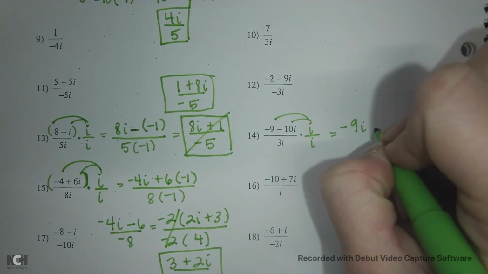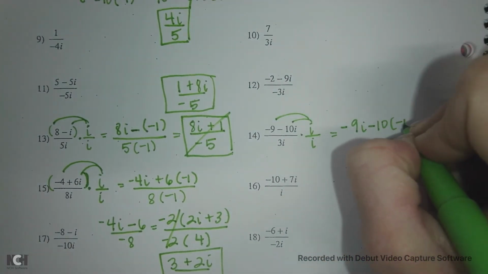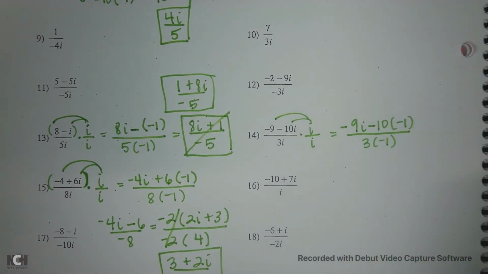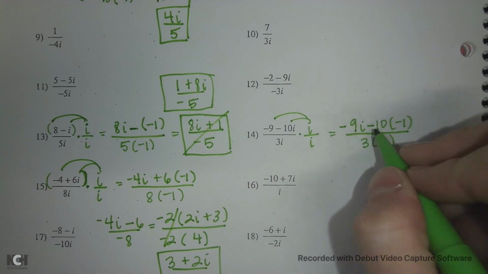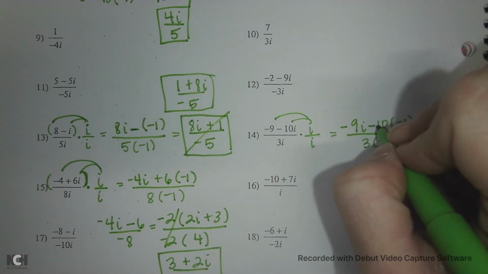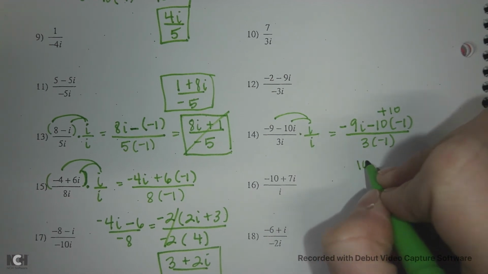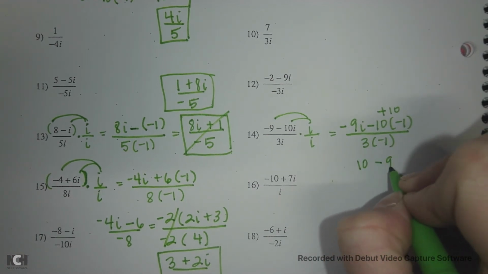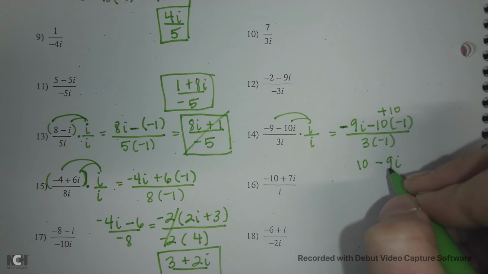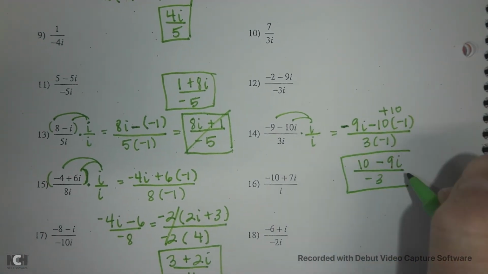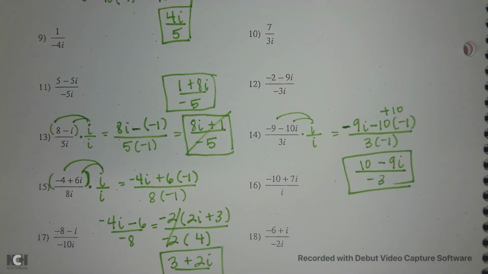Negative 9i minus 10 times negative 1 all over 3 times negative 1. Negative 10 times negative 1 is positive 10, so I'm going to rewrite it as 10 minus 9i, all over negative 3. I can't reduce, and I have it in the correct form, so I'm all done.